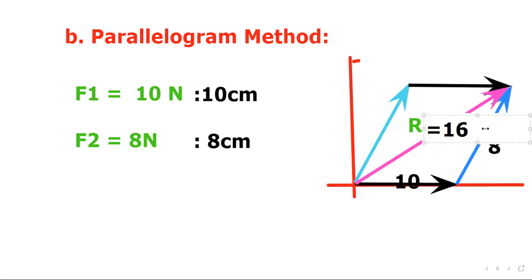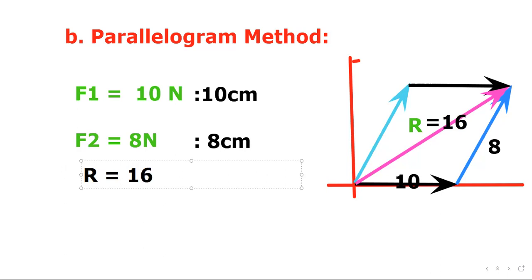This 16 represents the length of the resultant vector. So our resultant would be 16 newtons now. So this is how we find out the resultant vector by parallelogram method. Same procedure can be applied in case of scaling. Same scaling can be used in case of head to tail method as well.